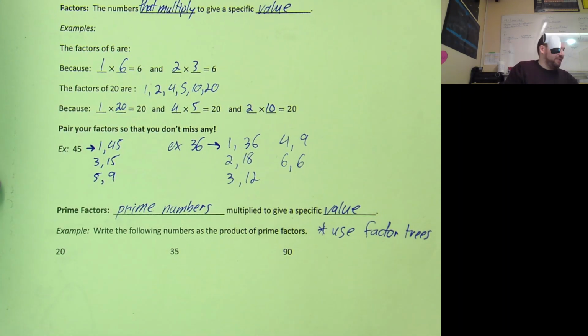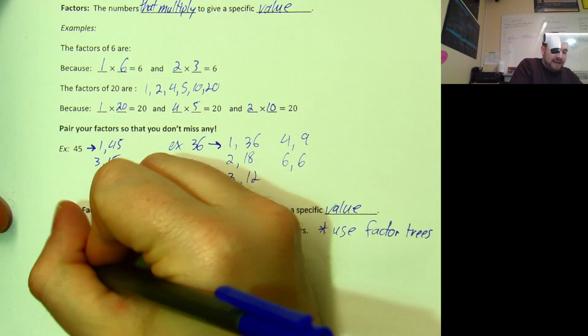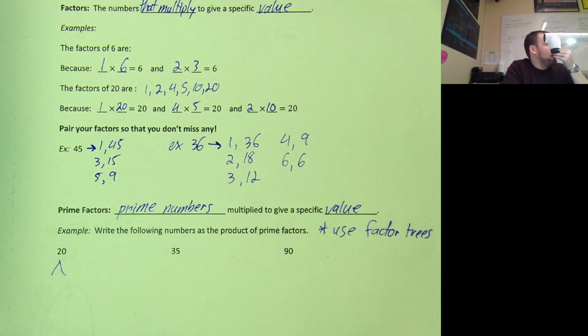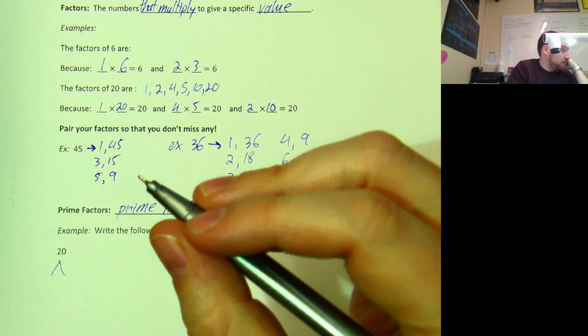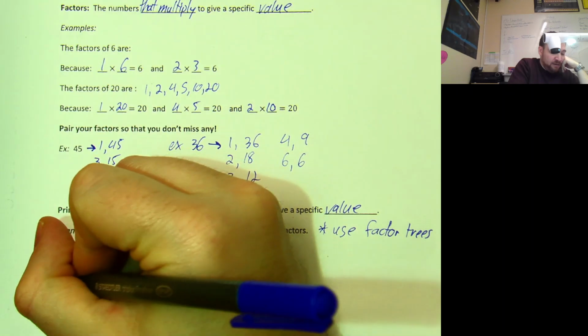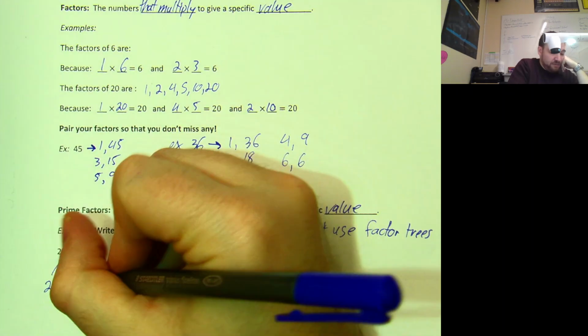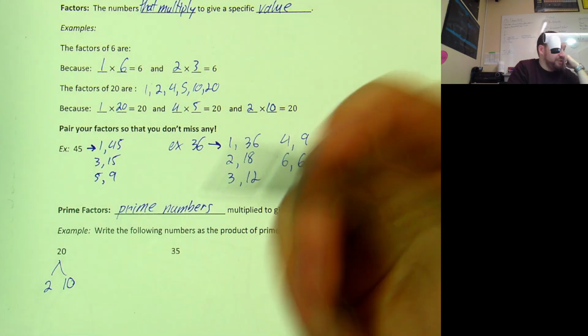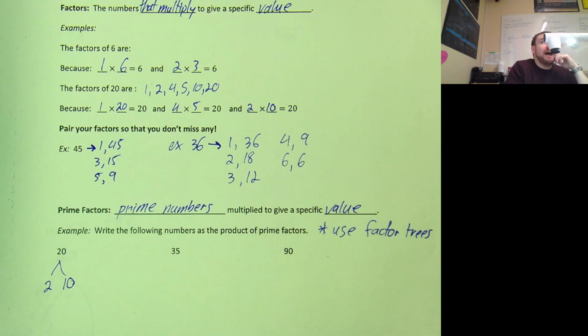Then you have to use a factor tree. 20 is what times what? 2 and 10. You could also say it's 4 and 5. It doesn't matter what your first pairing is.